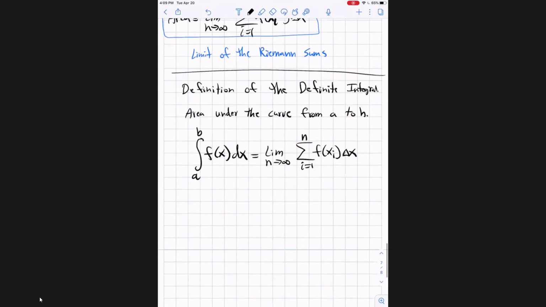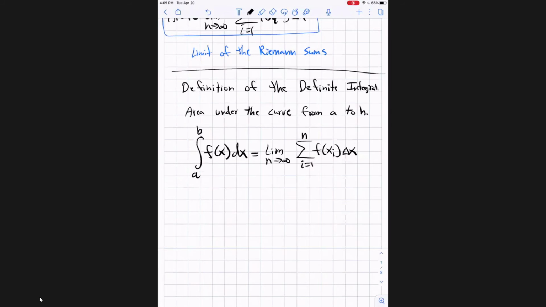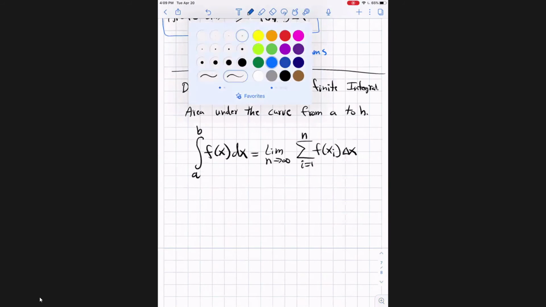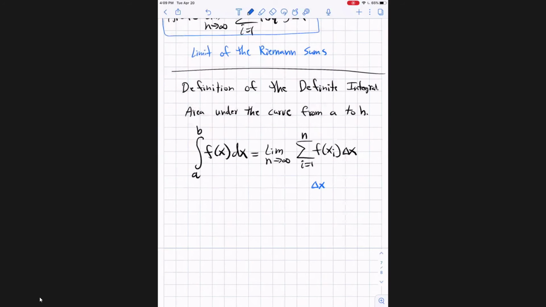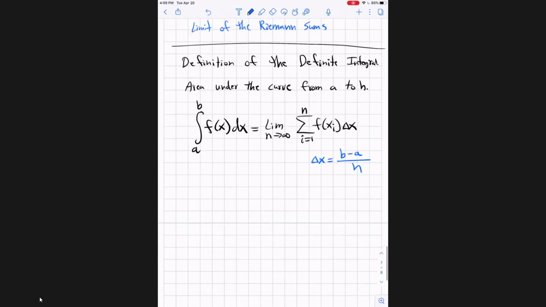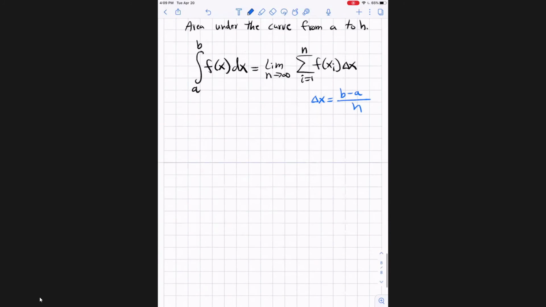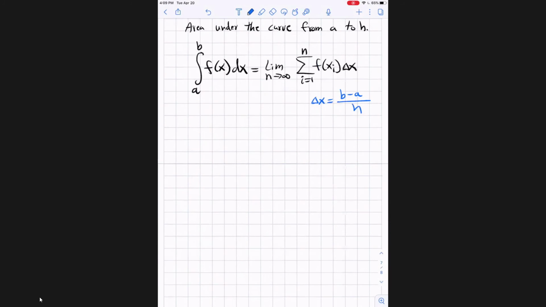Now, this next part is a little tough to explain. What is delta x? Well, delta x will be equal to b minus a over n. Here's why. If you have a curve and you're partitioning it from a to b into, let's say, n rectangles.